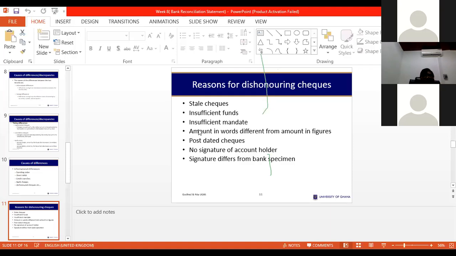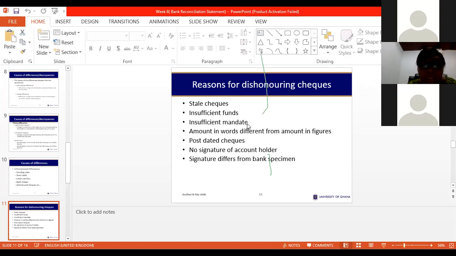So with insufficient funds, checks can be dishonored because the one who issued the check does not have enough funds in the account. Insufficient mandate refers to the situation where the business mandate, so the mandate is who has to sign, who is supposed to sign.